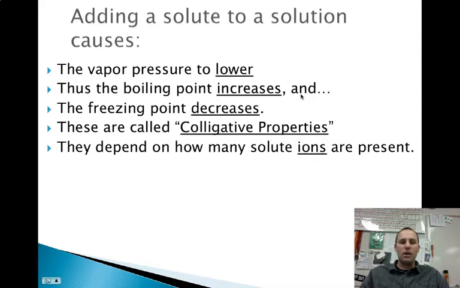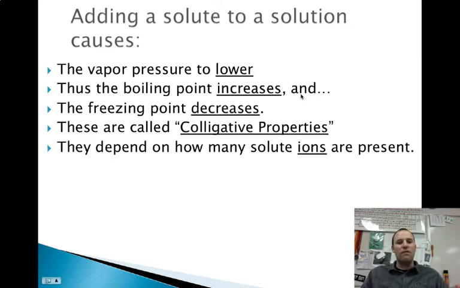The freezing point of the substance will never go up as a result of adding a solute, and the boiling point will never go down as a result of adding a solute. So it's always the vapor pressure goes down, the boiling point goes up, and the freezing point goes down. And these three things are called colligative properties. It depends on how many solute ions are present.